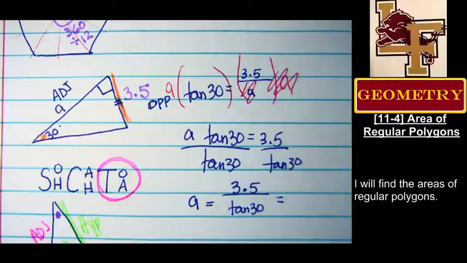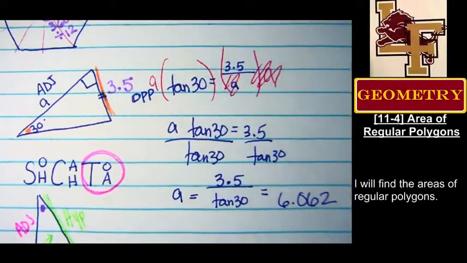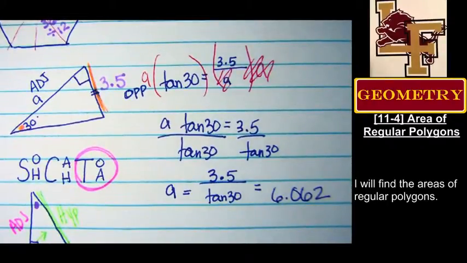All right, read off the number you have on your screen. So just answer. Hit enter and then read off that number. 6.062. All right, everyone else, I'd like you to confirm his number. Make sure that you're agreeing. Yes, we're agreeing with this number that you've typed in: 3.5 divided by tangent 30.